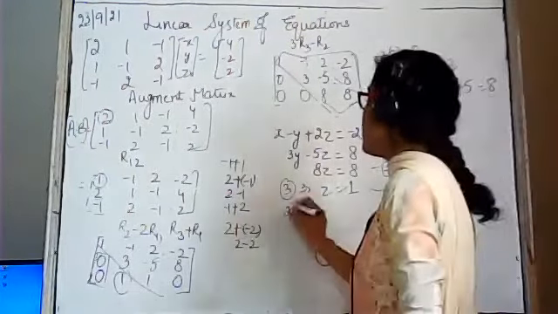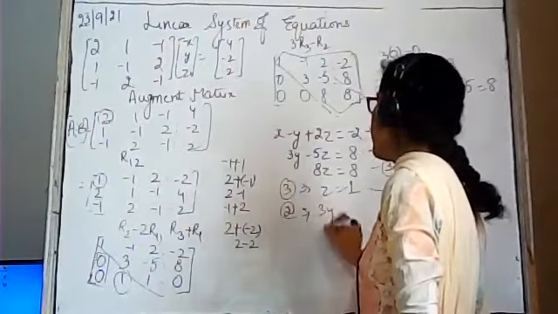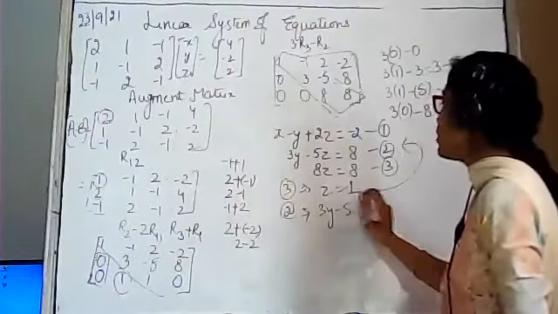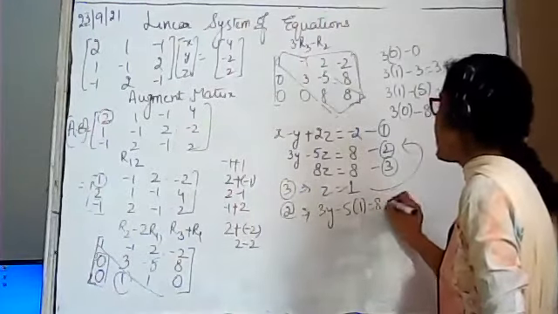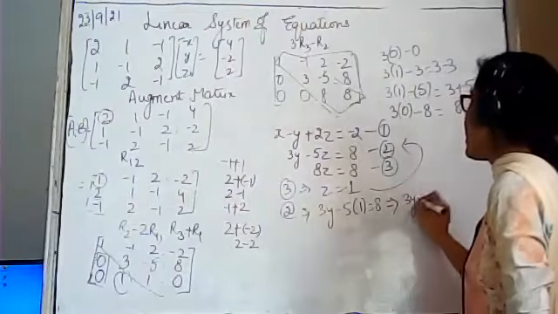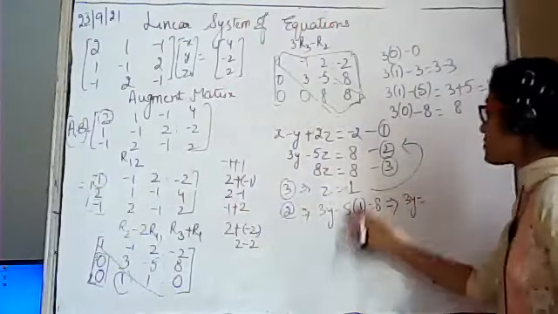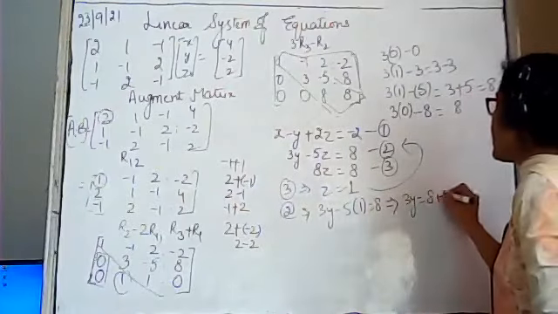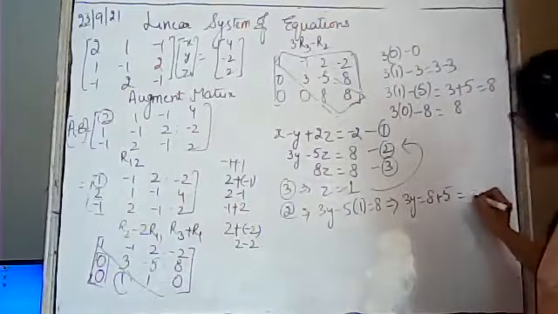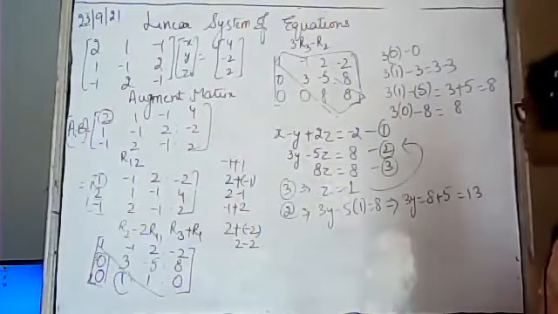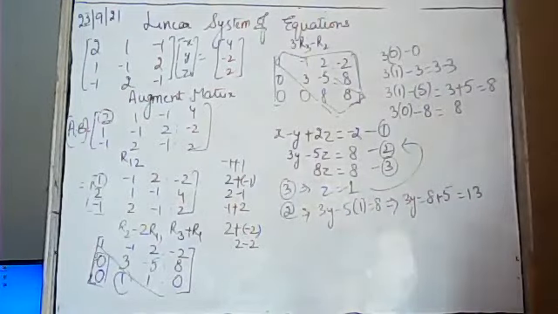So equation number 2 will be 3y minus 5 into z, and the value of z equals 8. It implies that 3y equals minus 5. On the right hand side, it will be 8 plus 5, which is 13.